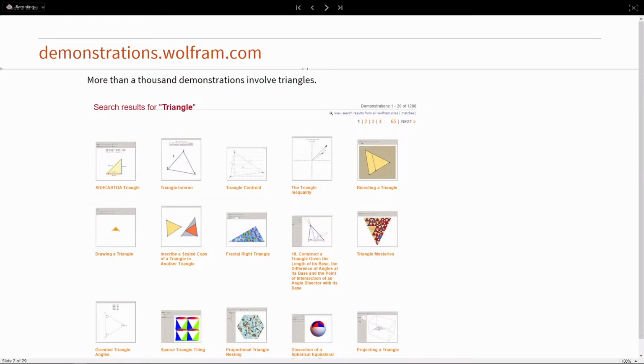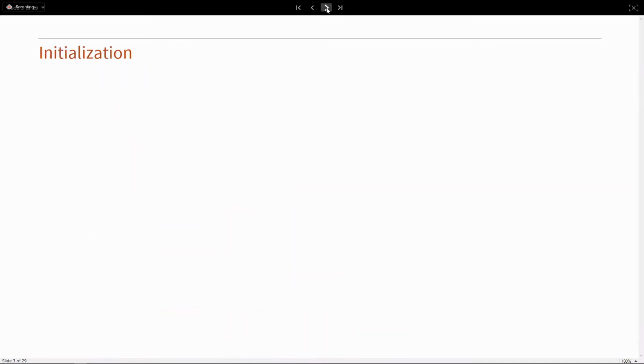We have more than 1,000 demonstrations involving triangles, and many of these deal with triangle centers, and a few deal with tetrahedron centers. But today I'm going to talk about some special triangles and special tetrahedra.